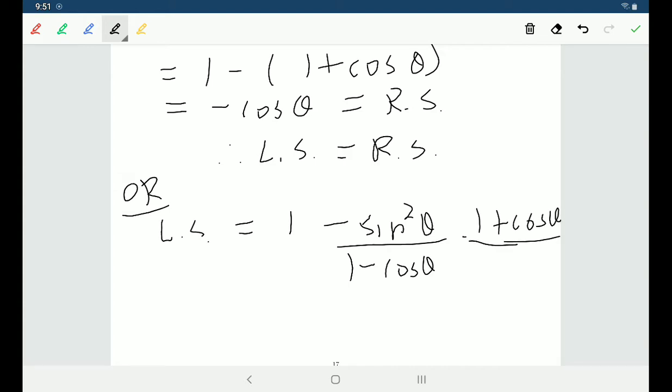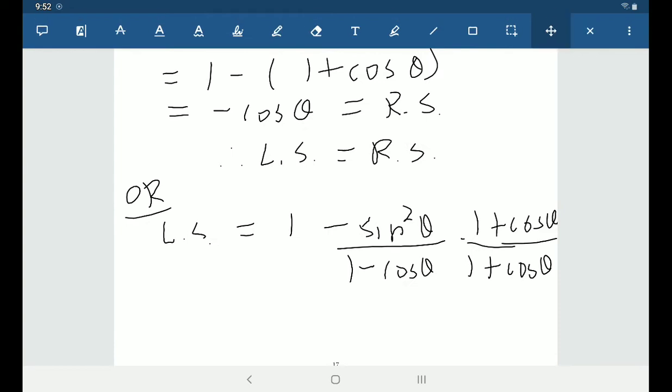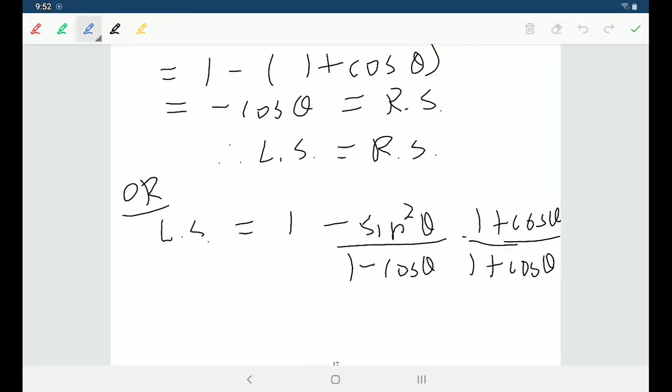And the reason why I'm doing that, of course, is when I look at the denominator, 1 plus cosine theta times 1 minus cosine of theta, these two things will multiply together to give me 1 minus cosine squared. A minus b times a plus b gives me a squared minus b squared.